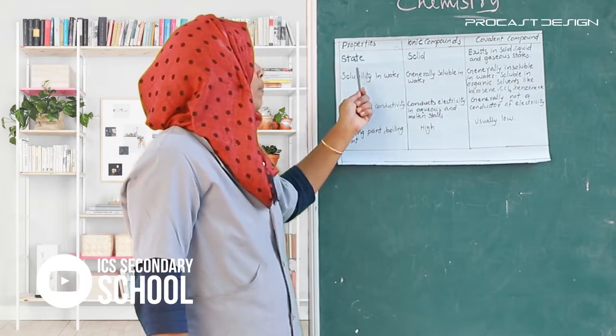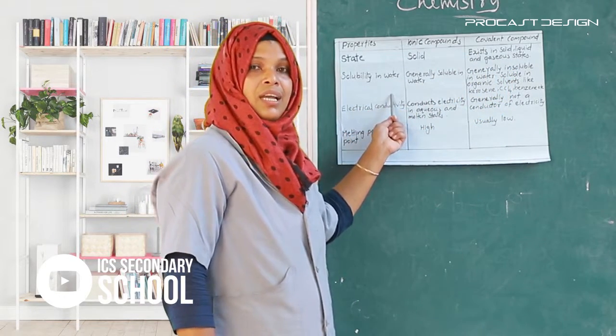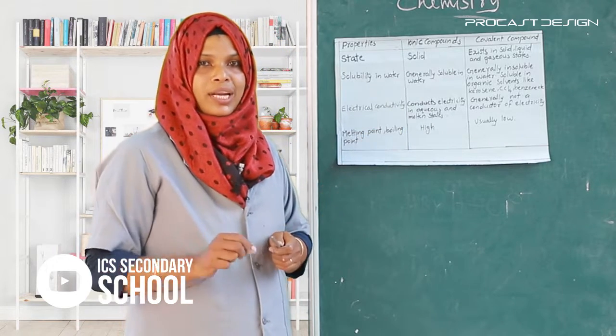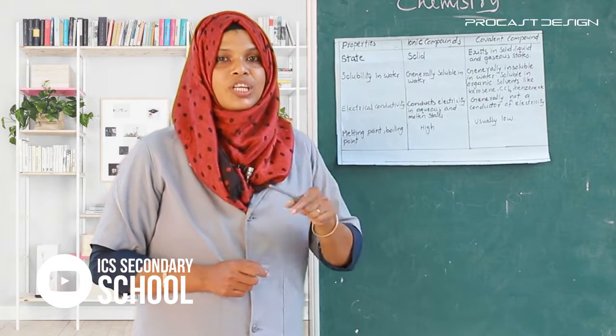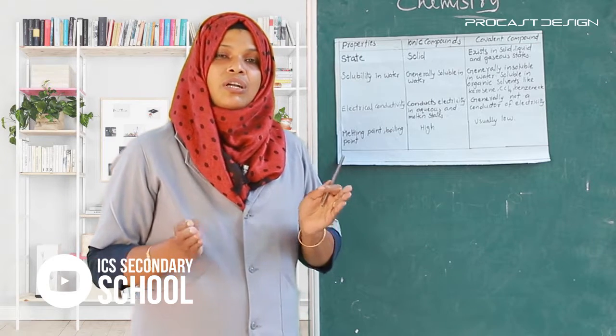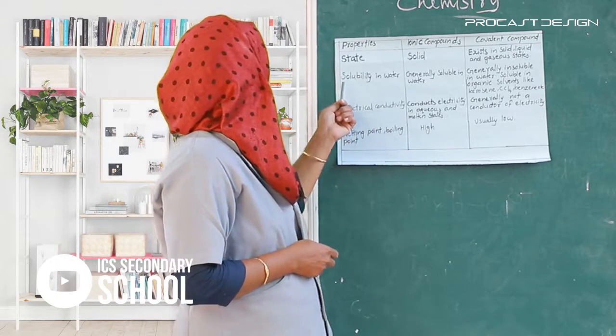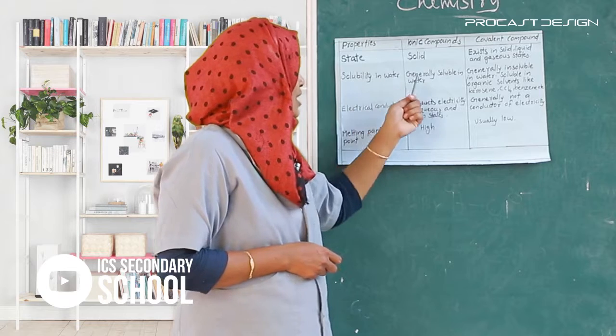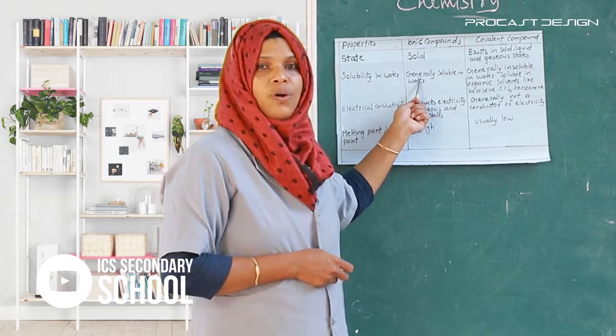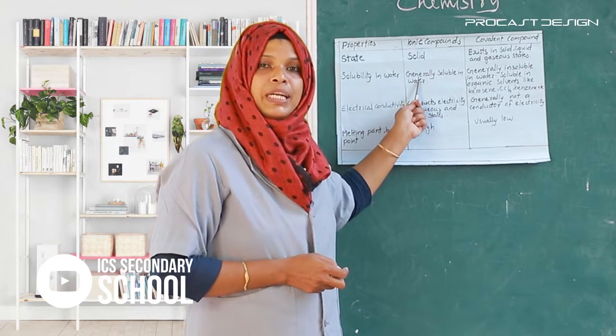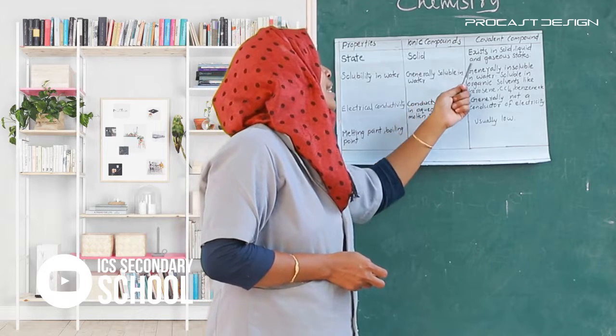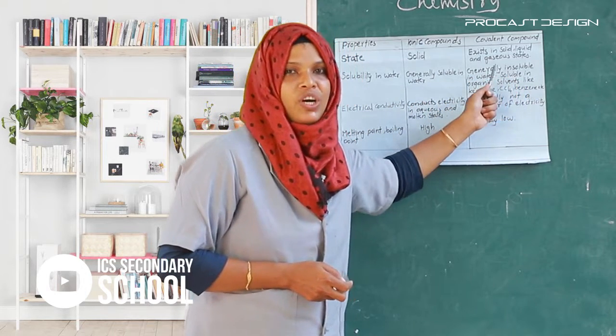Then solubility in water. Take a little sodium chloride and add it to water. You can see that the salt dissolves in water. Ionic compounds are generally soluble in water, and covalent compounds are generally insoluble in water.